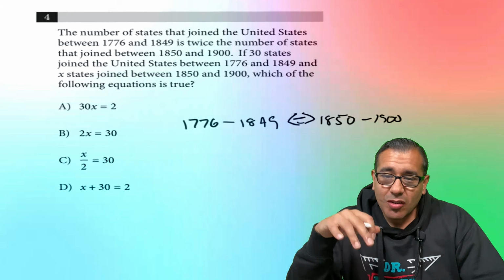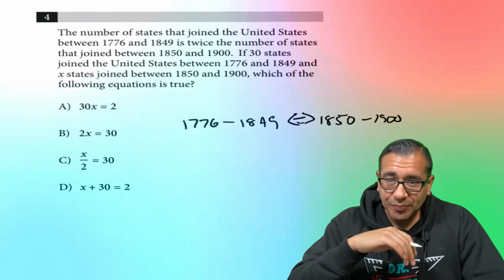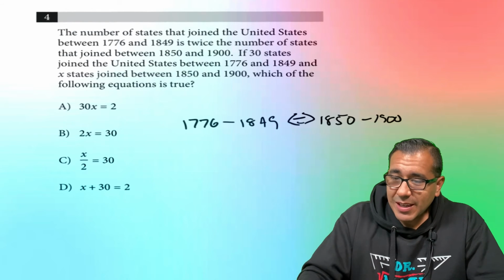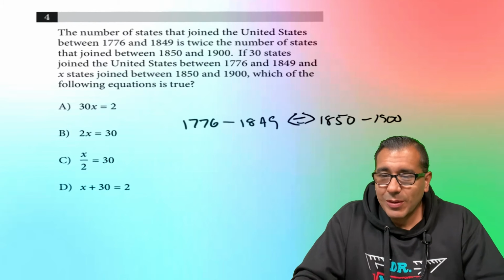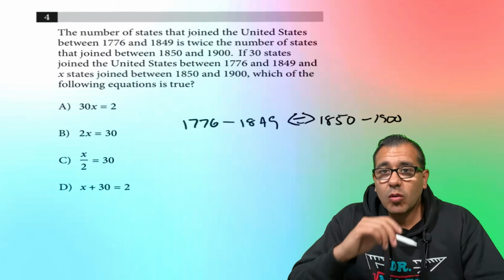Notice what they tell us in the beginning. They tell us the number of states that joined here is twice the number of states that joined here. So the relationship is twice.